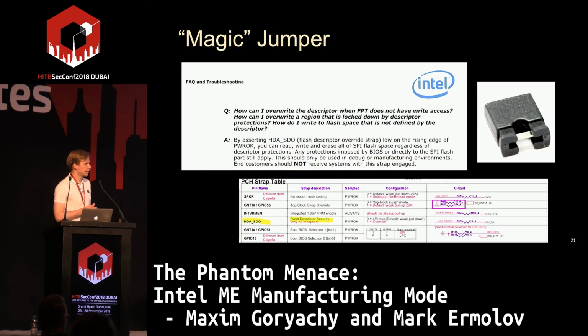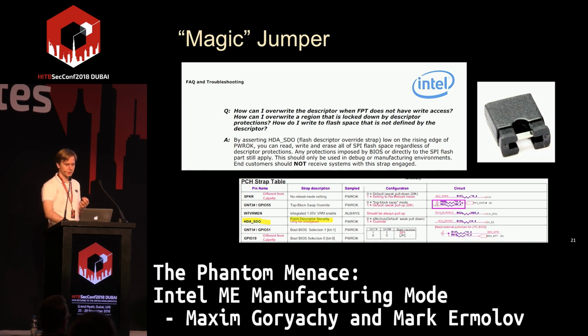Also, as I already said, an attacker can rewrite any region using a special jumper which chooses the hardware PCH strap. Some manufacturers give access to this strap via a docking station socket.